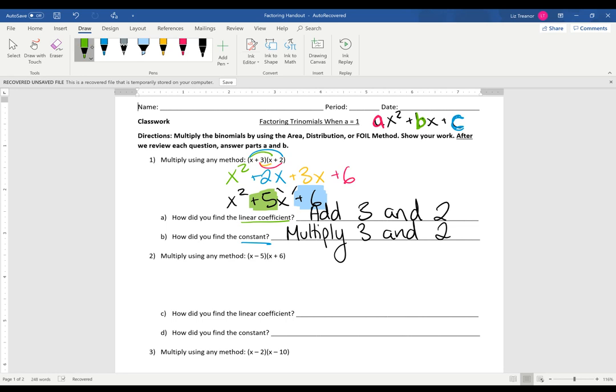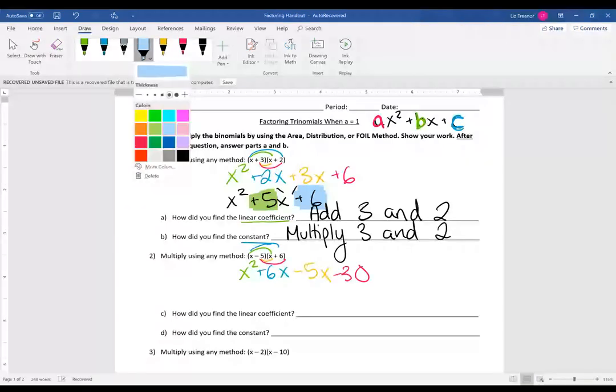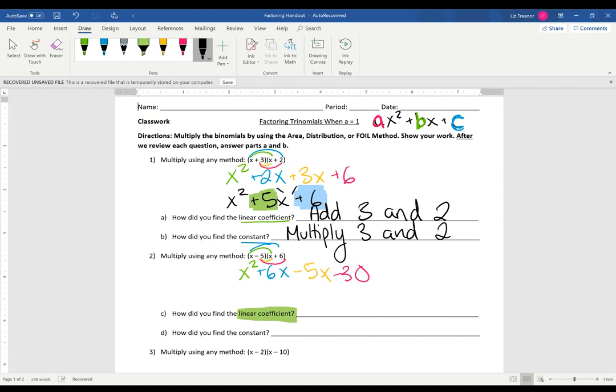Okay, so let's repeat this again on number 2. Take a moment, multiply x minus 5 times x plus 6. So we'll do x times x is x squared. X times 6 is 6x. Negative 5 times x is negative 5x. And negative 5 times 6 is negative 30. Okay, and how did we find the linear, skipped a step, you gotta simplify first.